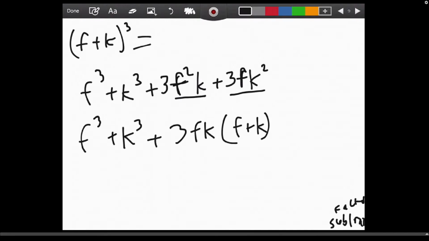Because if you FOIL this out, 3fk times f becomes 3f squared k, 3fk times k becomes 3fk squared. So these two terms are equal to each other.